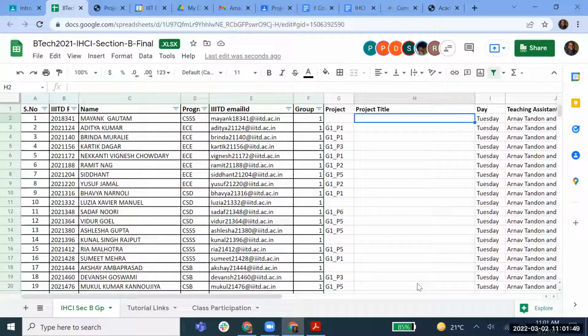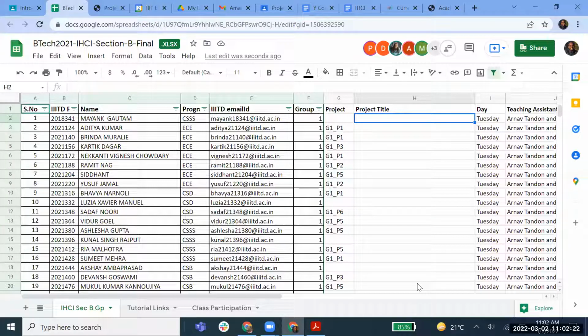For example, even if there is one project on music recommendation, I suggest everyone not write a very generic topic, but try to be more specific. Rather than saying music recommendation, mention music recommendation based on, say, location. Then another group can choose music recommendation based on, say, the group you are working with.